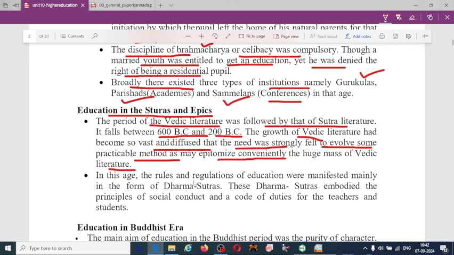In this age, rules and regulations of education were manifested mainly in the form of Dharma Sutras. The Dharma Sutras embodied the principles of social conduct and a code of duties for teachers and students.